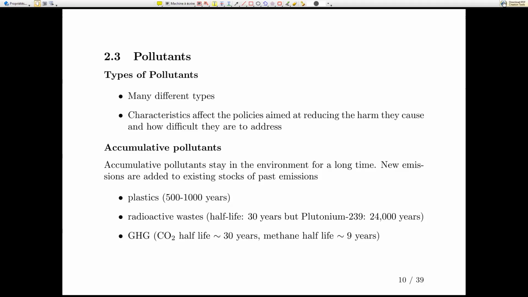If you're saying, oh, this is the intervention I want to judge, then the first step is to say, okay, so you want to reduce this sort of pollution, why? So you have to say why it creates a damage and why it's something that's really bad for the environment.